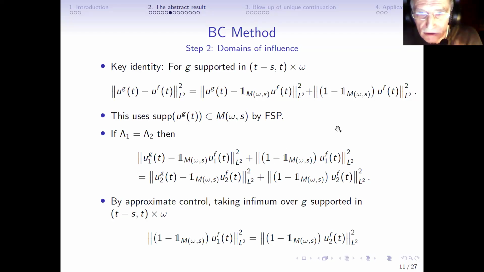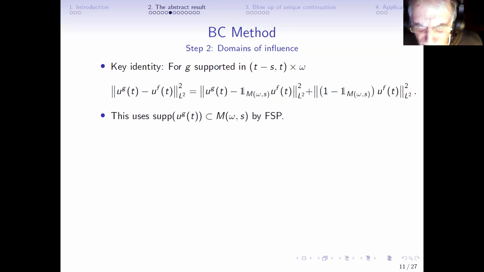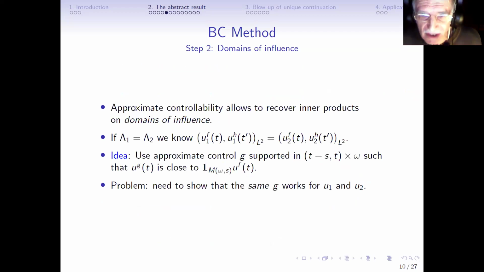Spyridon, excuse me. Could you please return to the previous slide? Yes, this one? Yes. And the fourth item is a problem. You need to show that the same G works for U1 and U2. What do you need to show? I'm afraid it is just not correct.